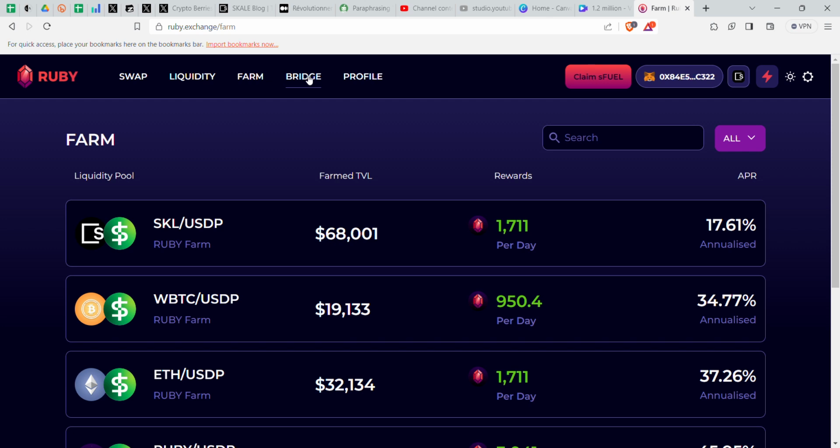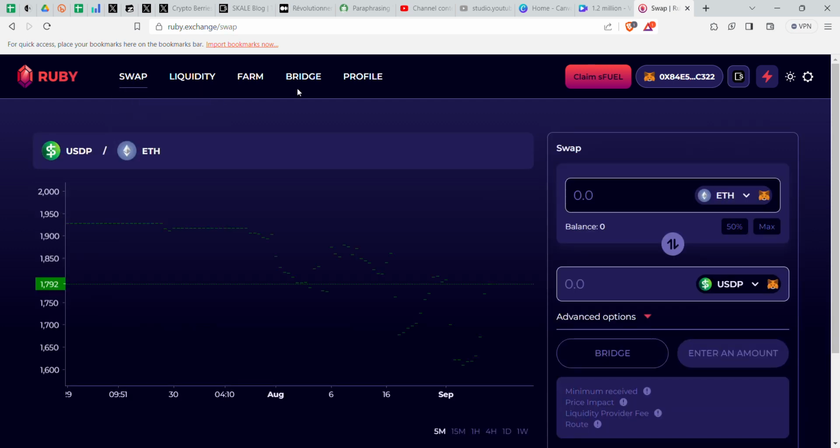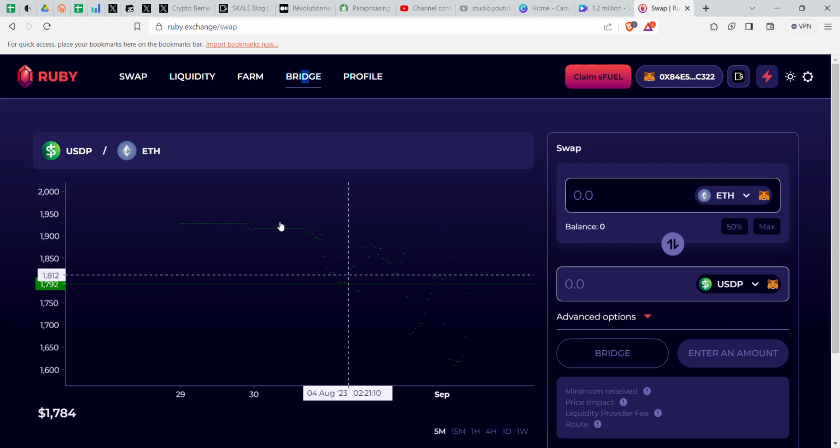You can also use the bridging feature available. You can bridge easily to another network, and you can check out profiles here. So basically, these are some of the services and activities you can carry out on Ruby Exchange.